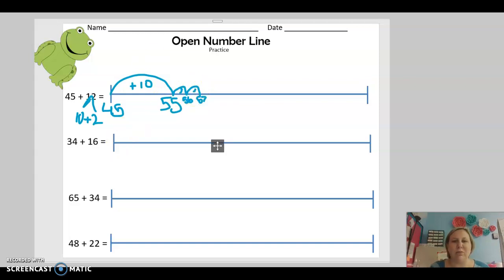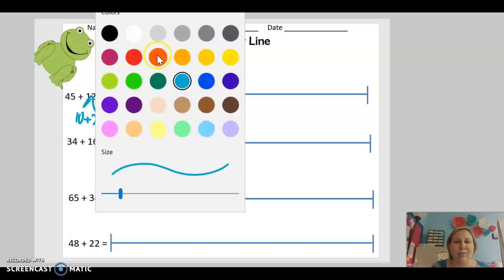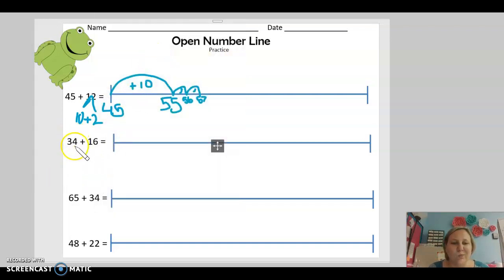All right, let's do another one. 34 plus 16. Okay, I'm going to start on 34. So I label this. And then I want to do 16. How can I break apart 16? Ooh, I know what I'm going to do. I am going to do 1 hop of 10. And then I am going to do 6 small hops.